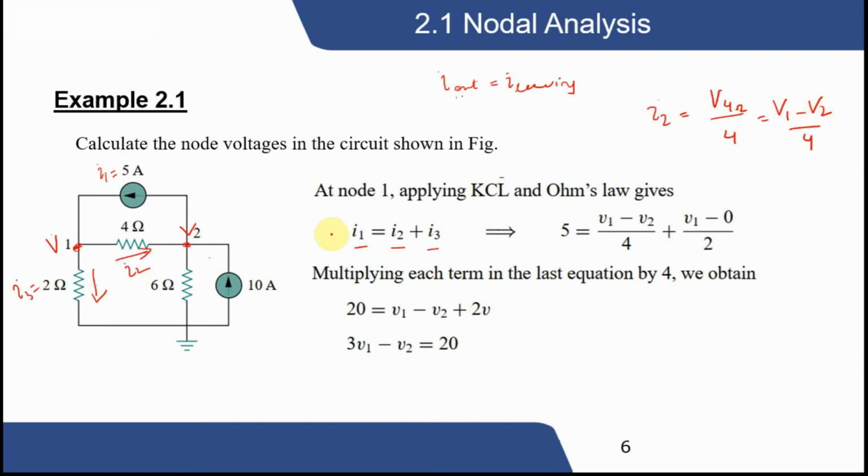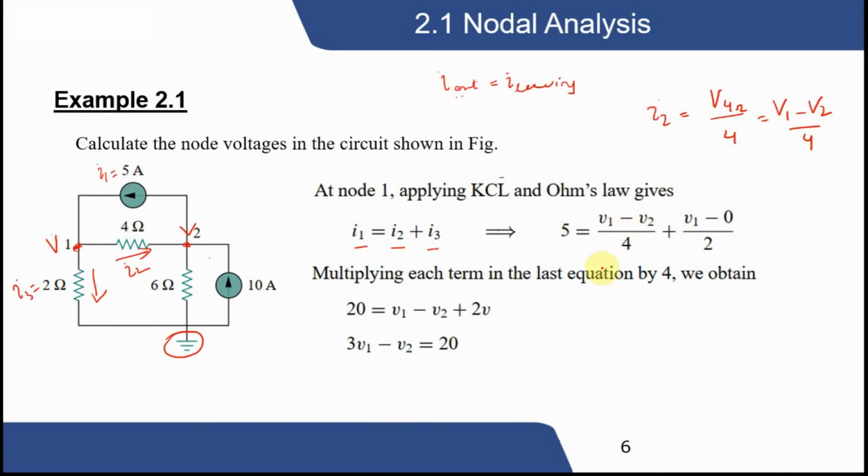So I2 equals V1 minus V2 over 4. Here this is the reference node, so V1 minus 0 divided by 2 ohm equals I3. So the equation becomes I1 is 5 ampere, I2 is V1 minus V2 over 4 ohms, plus I3 is V1 minus 0 over 2.